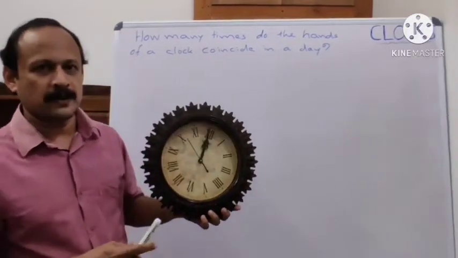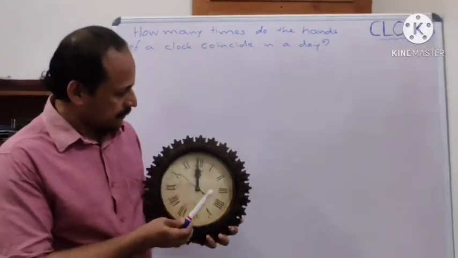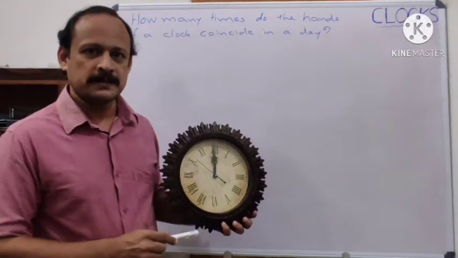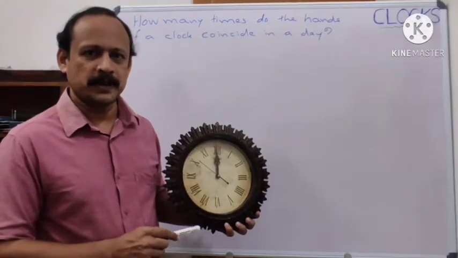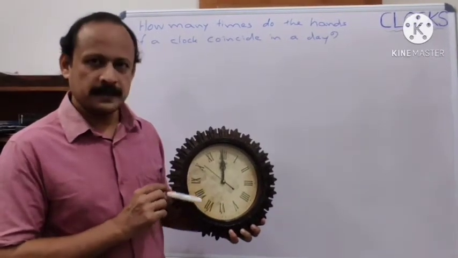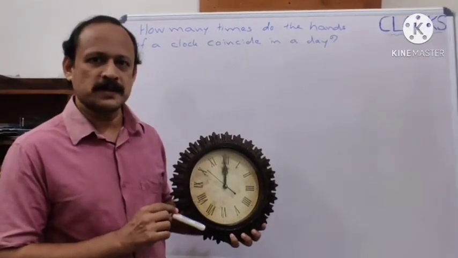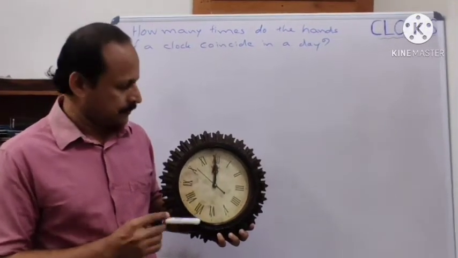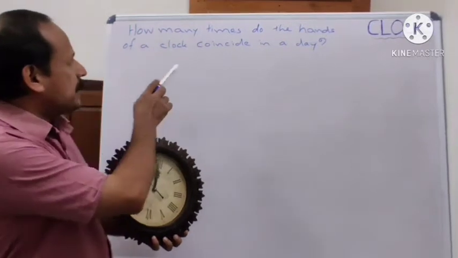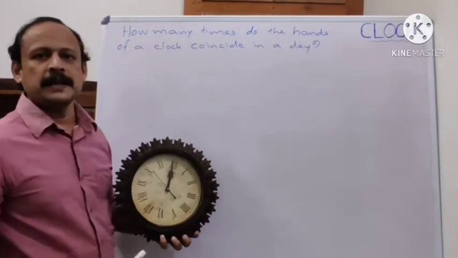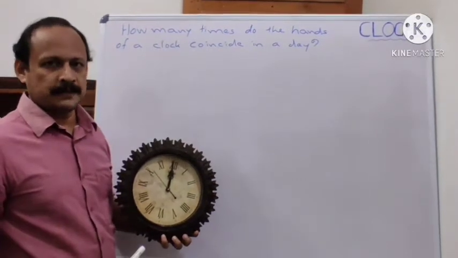Look at this clock. In a clock, there are three hands: hour hand, minute hand and seconds hand. In this chapter, we consider the movements of hour and minute hands only. Here we have to consider the cases in which hour hand and minute hand coincide.